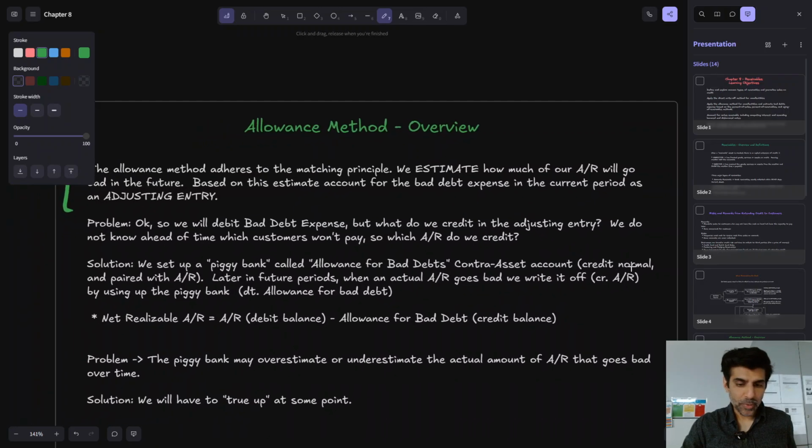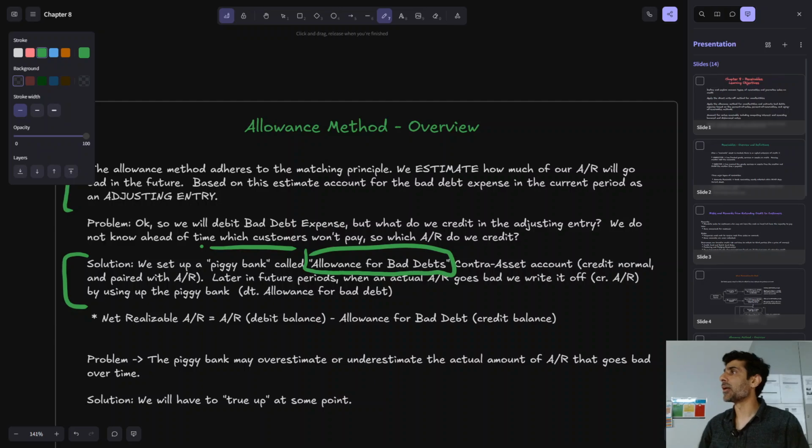So again, the problem is we don't know which customers and how much we're not going to be able to collect. So the solution is we set up this piggy bank. It's called Allowance for Bad Debts. That's the name of our piggy bank account. That's where we're going to set up this fund for all the receivables that we're estimating we're not going to collect.